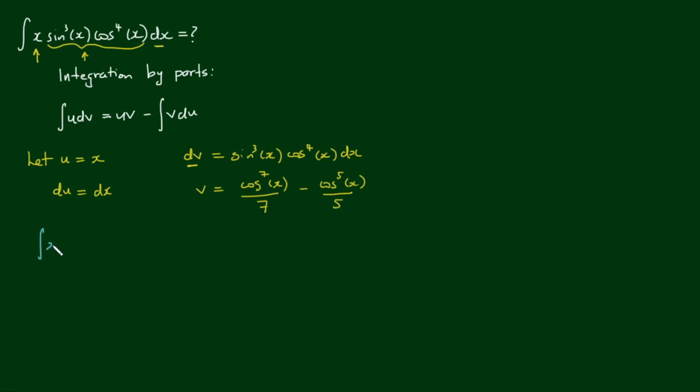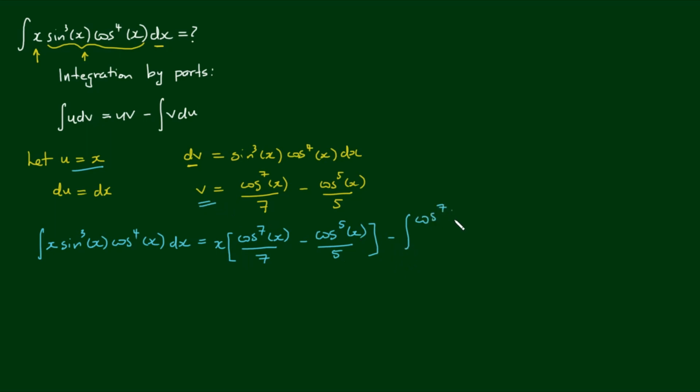The integral of x times sine cubed of x times cosine to the fourth power of x with respect to x is equal to u times v, which is x times cosine to the seventh power of x on 7 minus cosine to the fifth power of x on 5, minus the integral of v, cosine to the seventh power of x on 7 minus cosine to the fifth power of x on 5, du, which is simply dx.